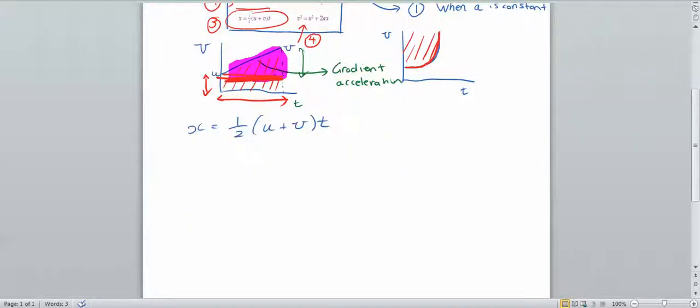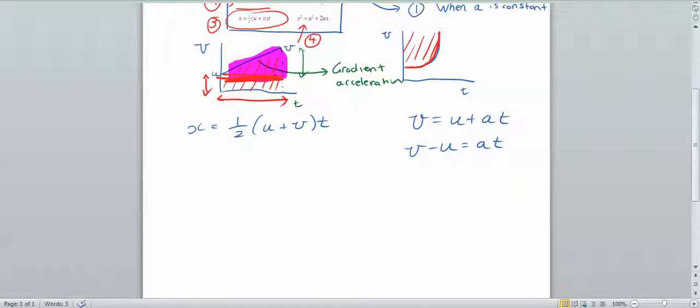Okay, so let's have a look at equation 1, the very first thing I derived. We've got v is equal to u plus at. Now, if I was to rearrange that to find t, what would I get? Well, first of all, I'd have to take u from both sides, which means v minus u is at.